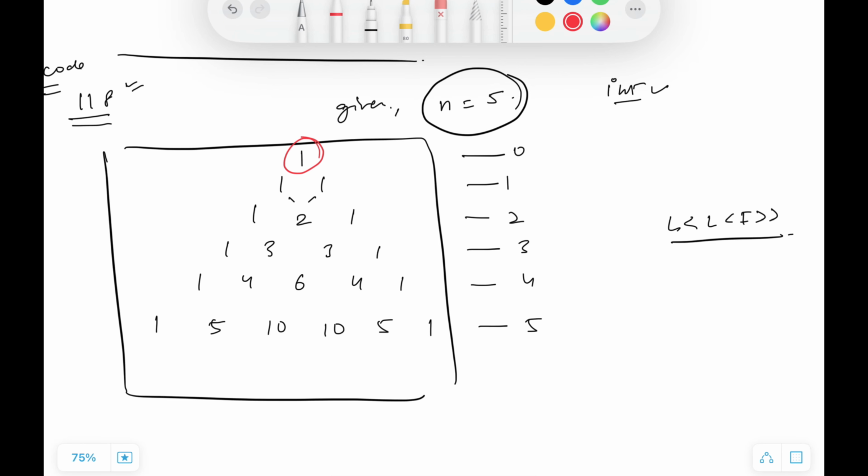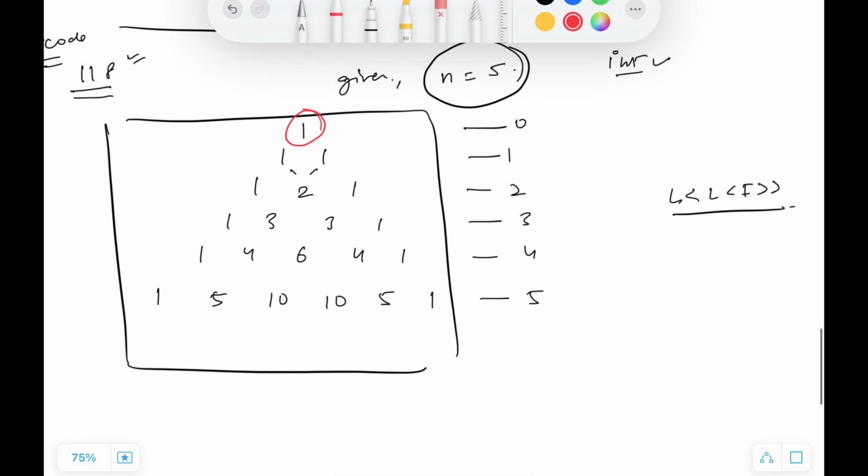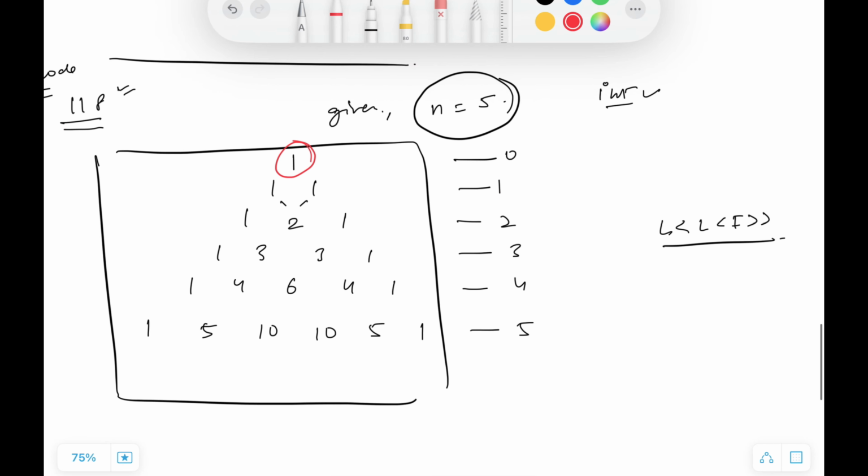For the second row, the first 2 items would be this one plus this one, but there are no 2 items available in the first row. So no item in between 1 and 1, always starting with 1 and ending with 1. And for the middle items, the sum of the previous 2 elements. Let's say for this 2, it is 1 plus 1.